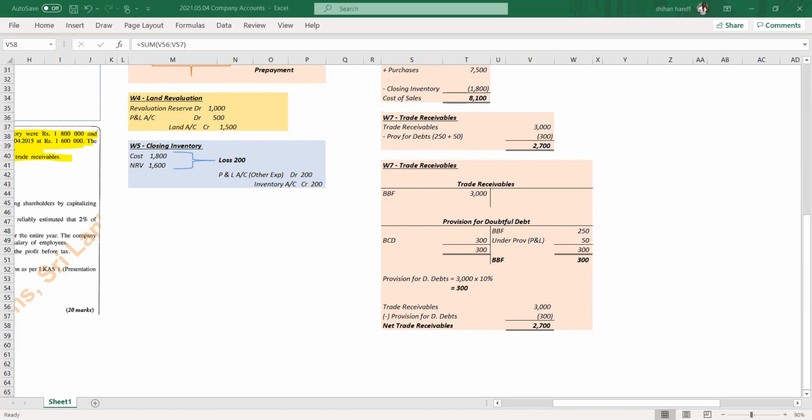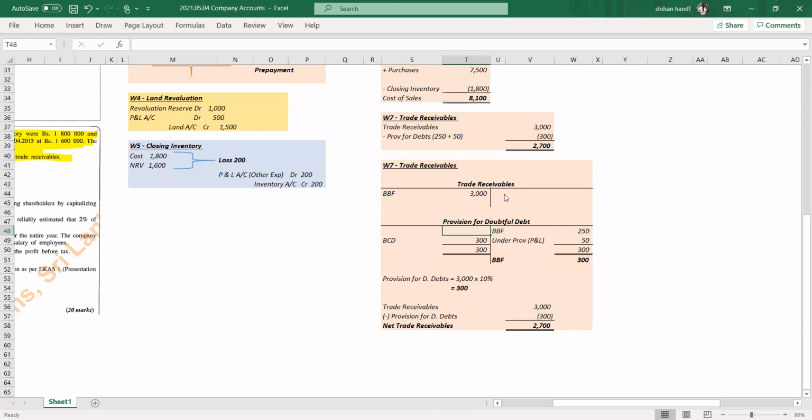And also there is another question: what if it is an over provision? Over provision means this side. Let's say your 10% comes to 200, then you have to deduct.